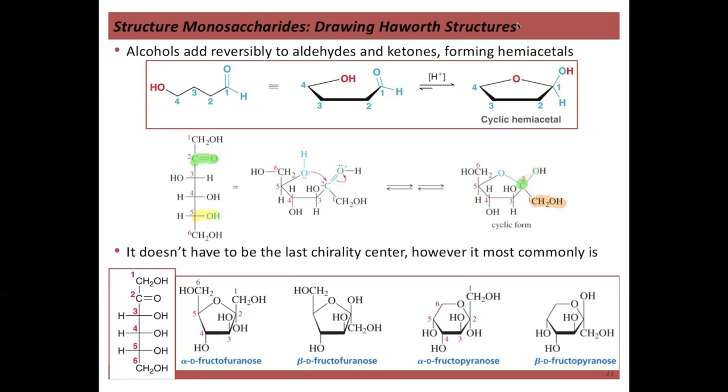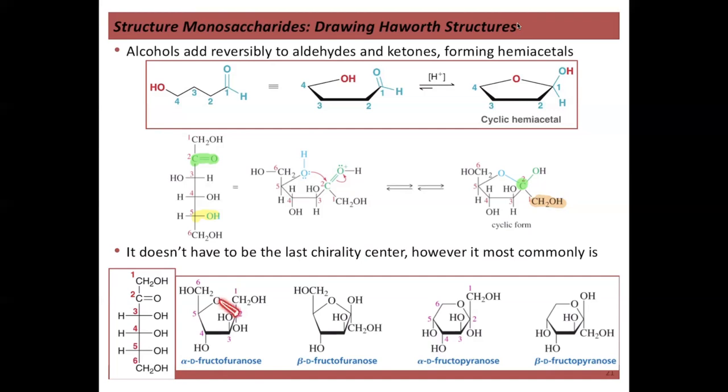That anomeric carbon, instead of having an H off of it, like it does in an aldose, it has a CH2OH. So you can always identify a keto sugar when it's in its cyclic form. You just look at the anomeric carbon and see if there's a CH2OH, and then you know it was a keto sugar.